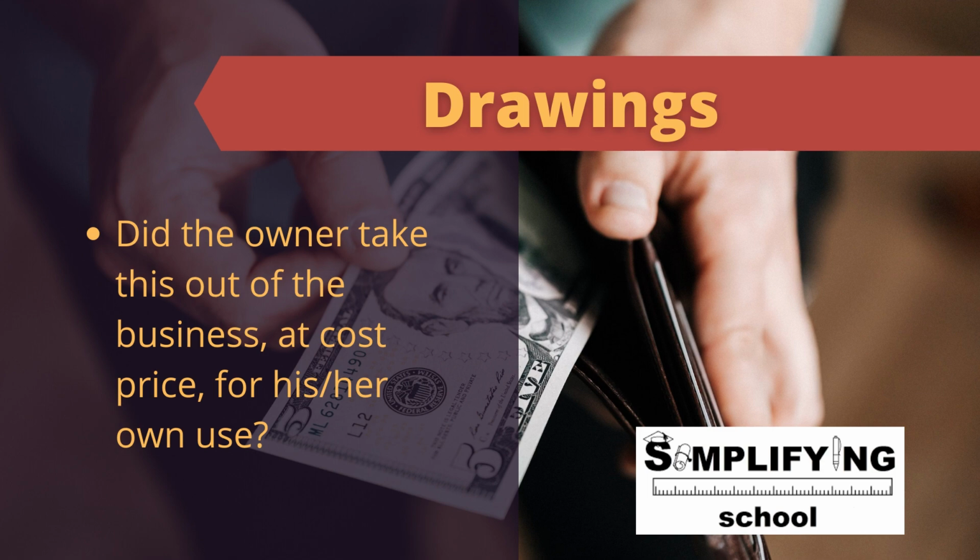But be careful and take note. When a business owner pays the selling price, he or she will be an ordinary customer and it will not be drawings. It is important to note that drawings only happens when the stock is taken at cost price.